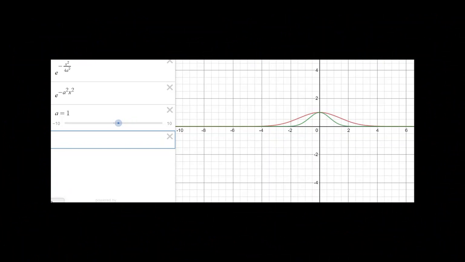So I am adding this in to this video just so I can demonstrate the concept better with a graphing calculator. So what I have here is I have graphed a Gaussian e to the negative x squared over 4a squared. Here I've graphed e to the negative a squared x squared.